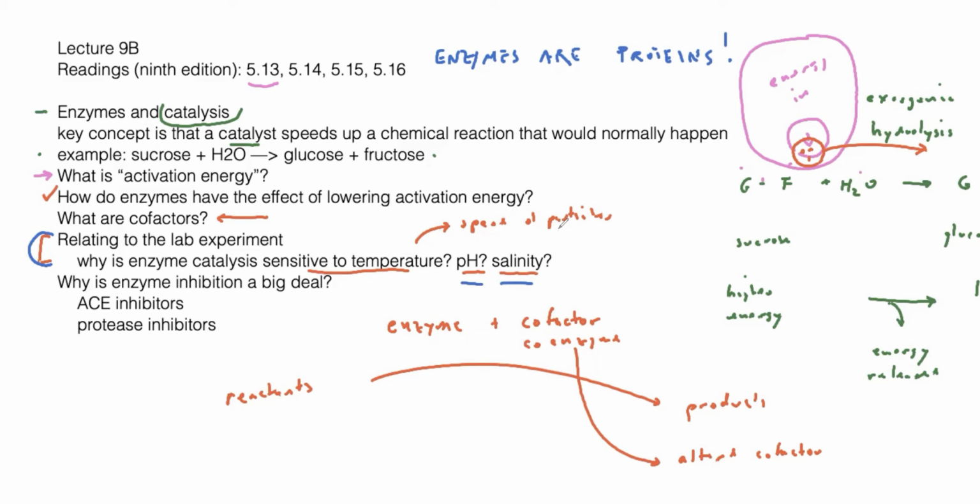Okay, so there are some other kinds of molecules that are catalysts. There are also RNA catalysts that are technically not enzymes. They're enzyme-like, but instead of being proteins, they're made of RNA. And we would call these guys ribozymes.